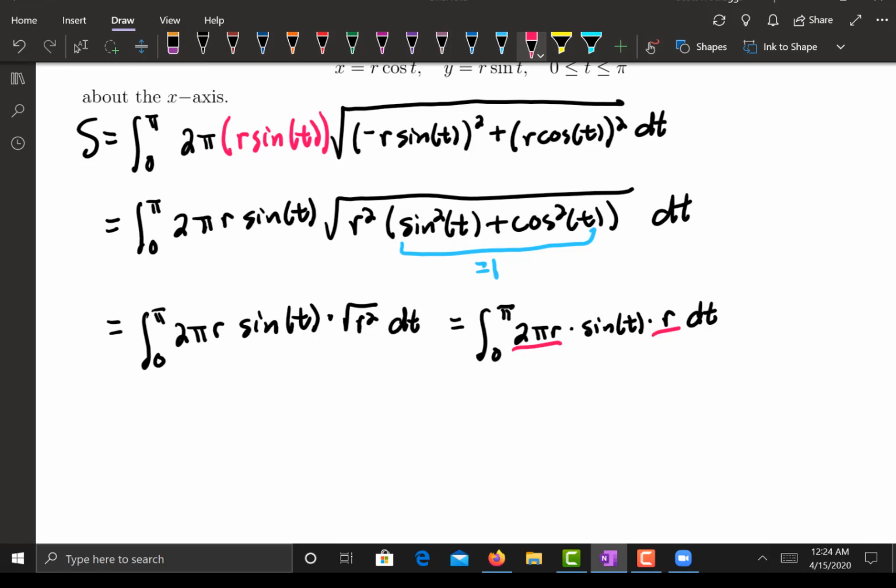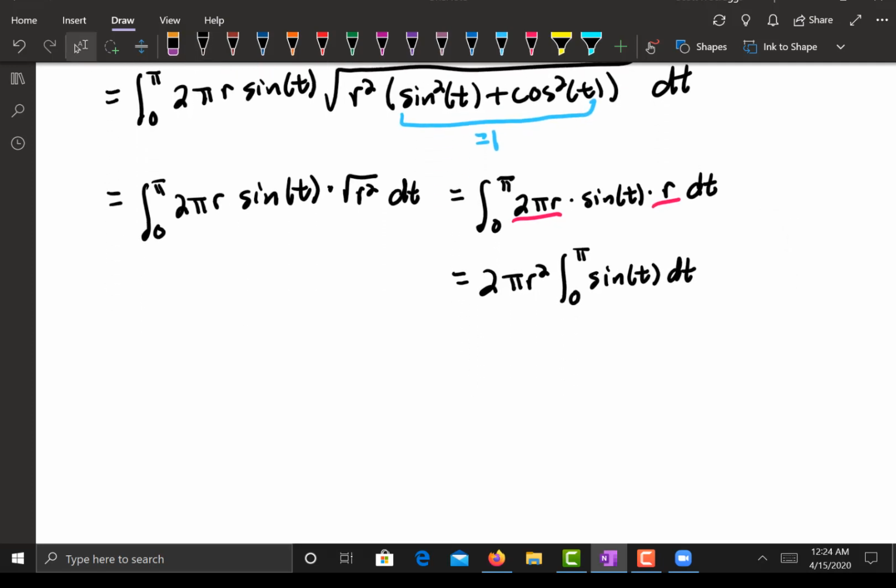Everything underlined in pink is a constant with respect to t. So 2 pi r squared times the integral from 0 to pi of sine of t dt.